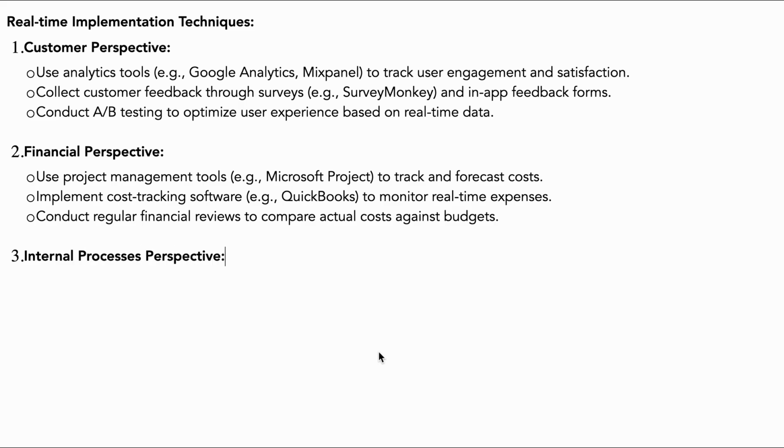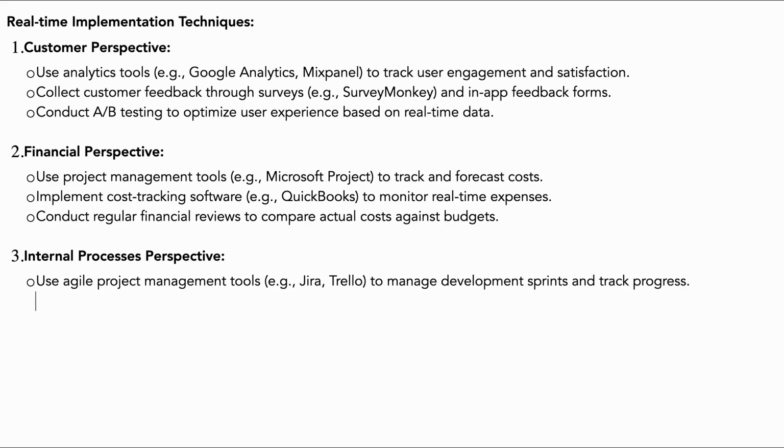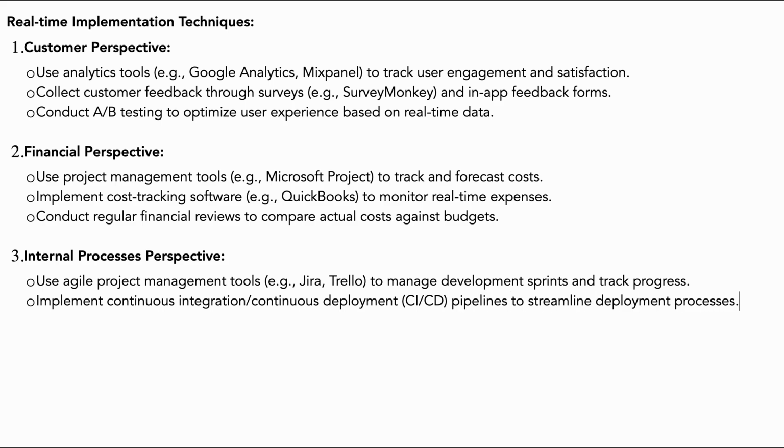Next, the internal process perspective. How can we define that? Use agile project management tools like Jira or Trello to manage development sprints and track progress. Implement continuous integration and continuous deployment pipelines to streamline the deployment process. Monitor system performance using tools like New Relic or Datadog. These are some of the system performance tools you can use.